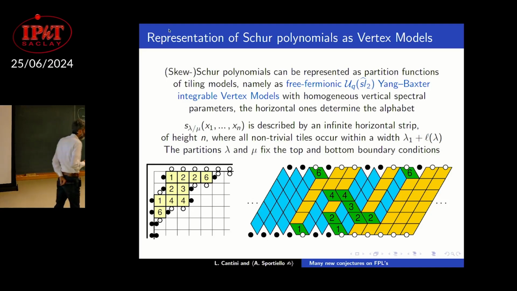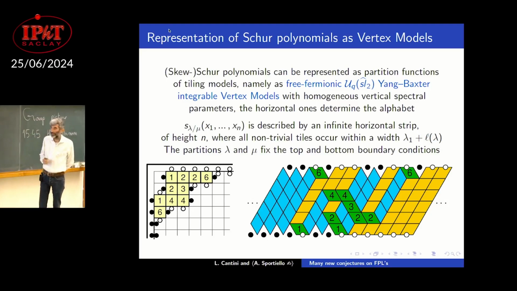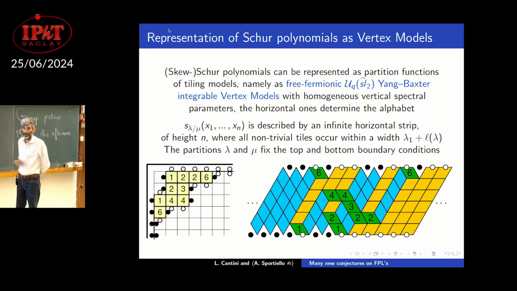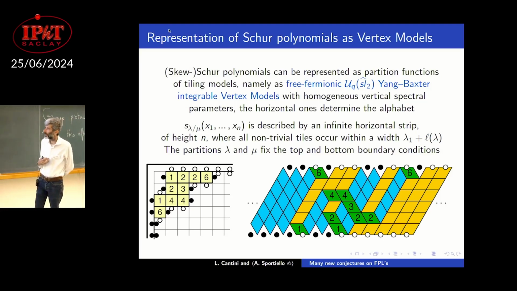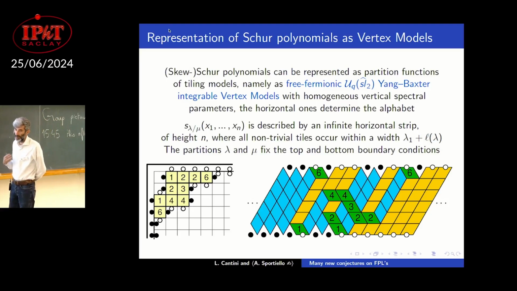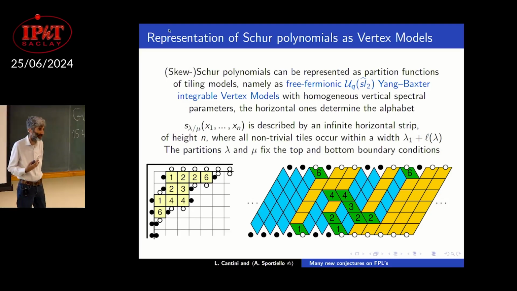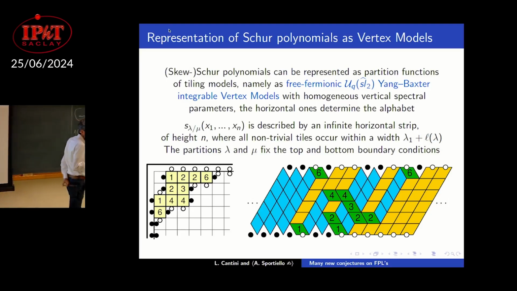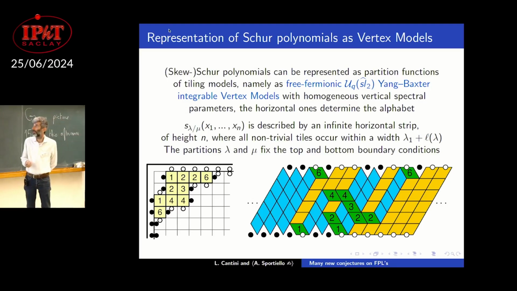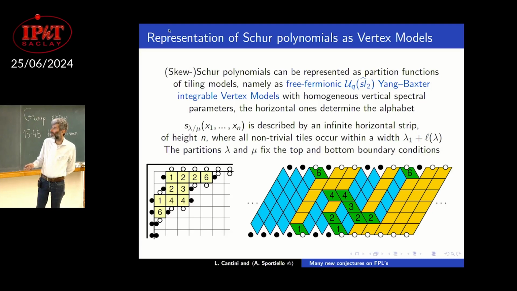A lot of people here, and Philippe in particular, will maybe share my opinion that Schur functions are partition functions in certain geometries of certain integrable models, very simple ones, free fermionic. In this case, they are given by certain weighted lozenge tilings in which you have a variable x_i if you have a green lozenge at height i.